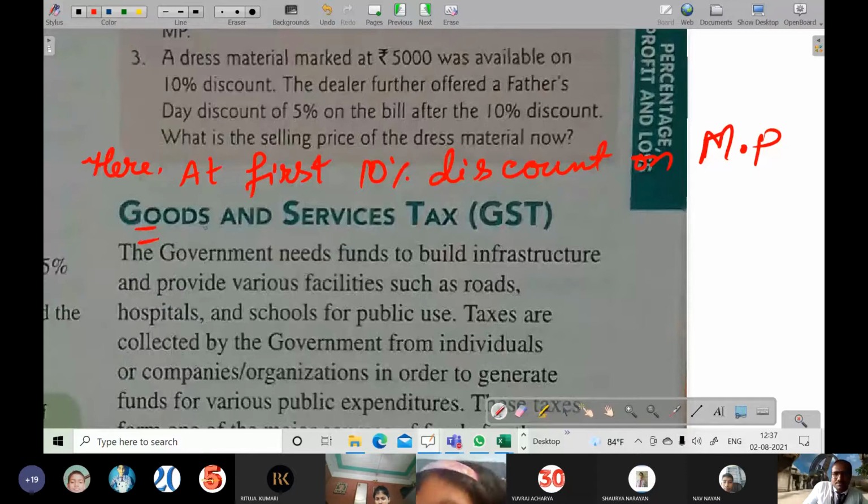It will become rupees 5,000 into 10 by 100, is equal to rupees 500.